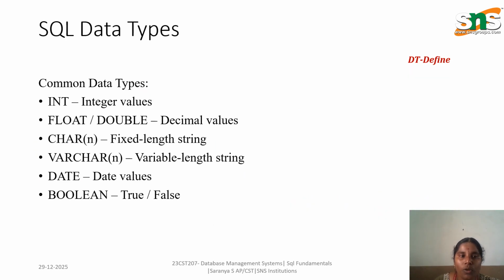The commonly used data types of SQL are int, float or double, char, varchar, date, and boolean. The int is for integer values, float or double is for decimal values, char(n) is a fixed length string, and varchar is a variable length string, date is for date values, boolean is true or false.